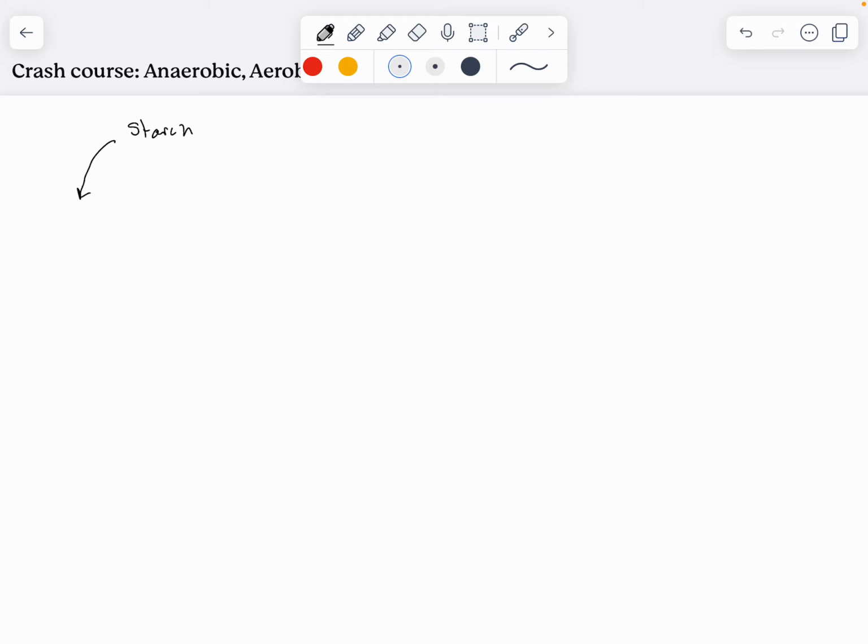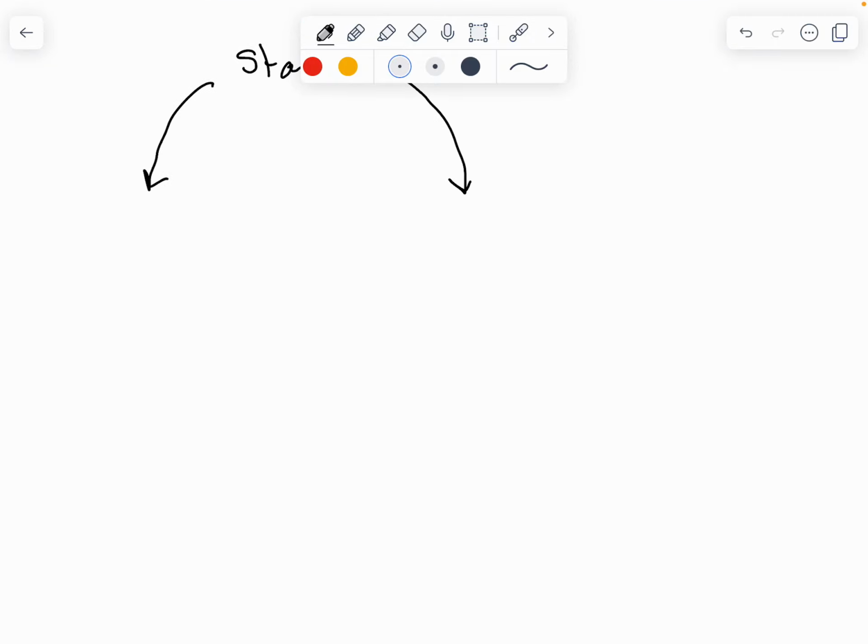And our body is going to break starch down into individual components. On the left side here, we are going to have our individual components of maltose and maltotriose. And then over on the right side, we are going to have alpha limit dextrin.